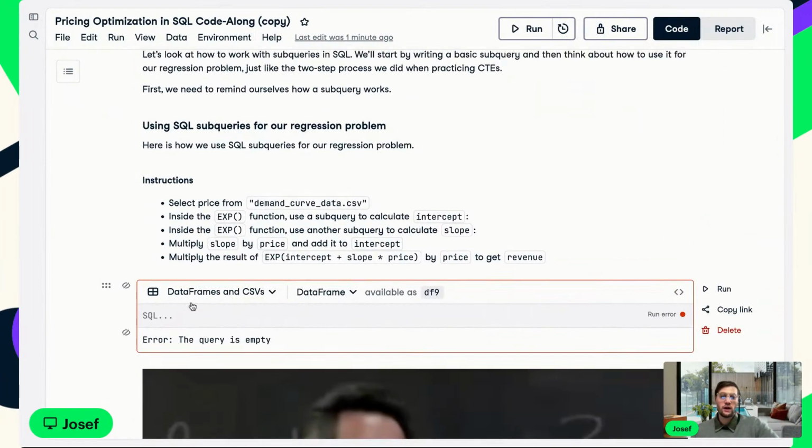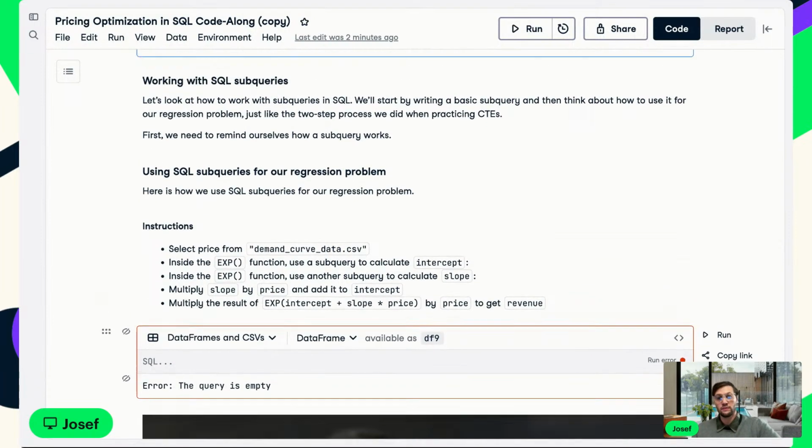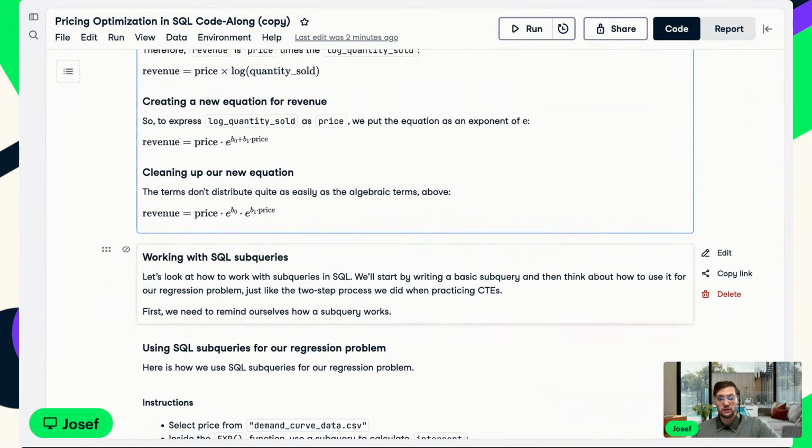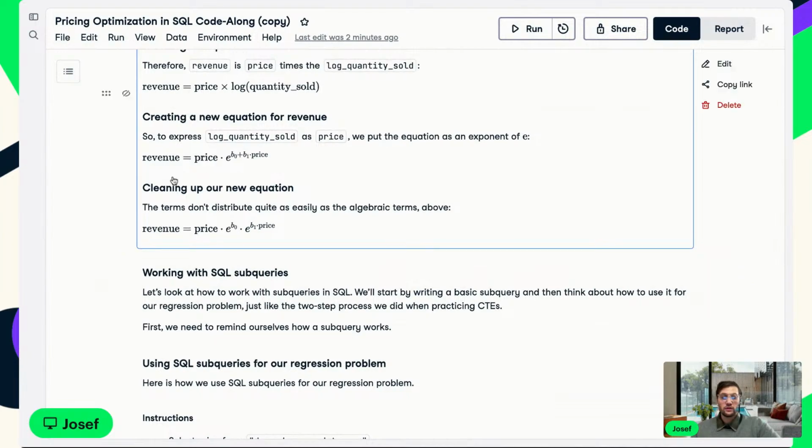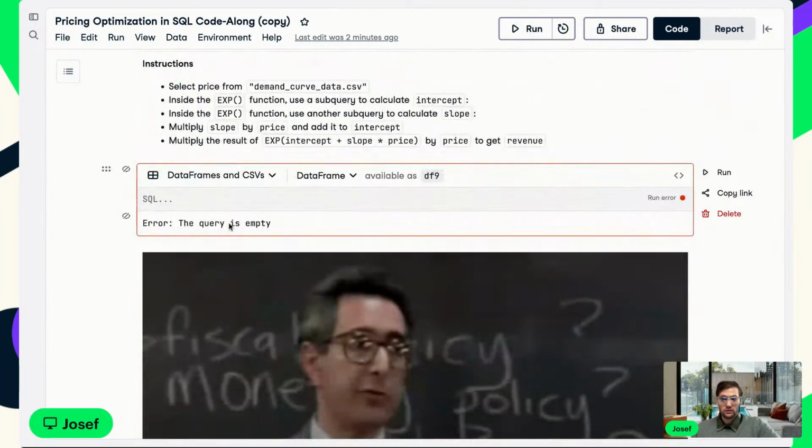Okay, so now how do we graph this? On the x-axis, we want price, and on the y-axis, we want our revenue function. And our revenue function now is price times e raised to this expression. So let's do that.